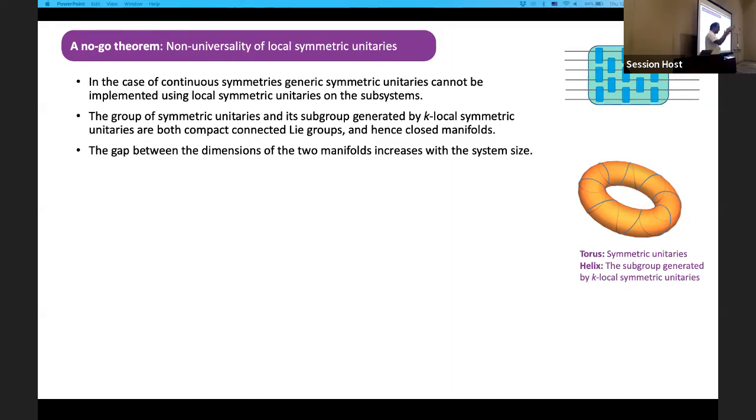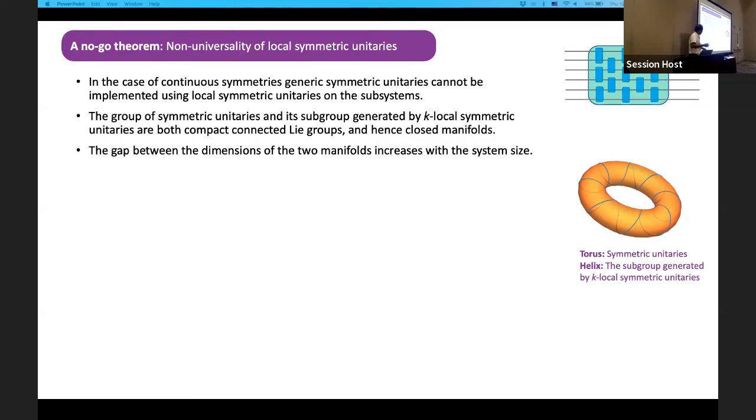The group generated by local symmetric unitaries is a compact connected Lie group, and this means that if there is a unitary transformation that is not inside this group, then there is a neighborhood around that unitary that is also not in the group, and so we cannot implement it.